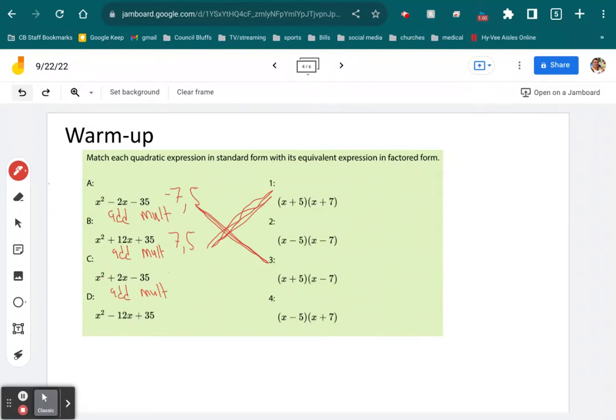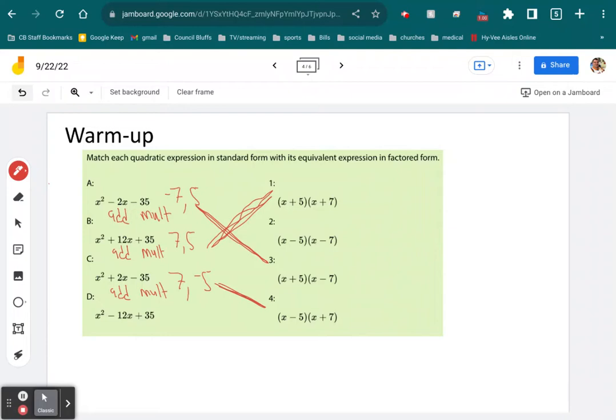So in this case, it's going to be 7 and -5. 7 plus -5 is 2, and 7 times -5 is -35. So my factors will be x plus 7 and x minus 5. So C will match up with 4.